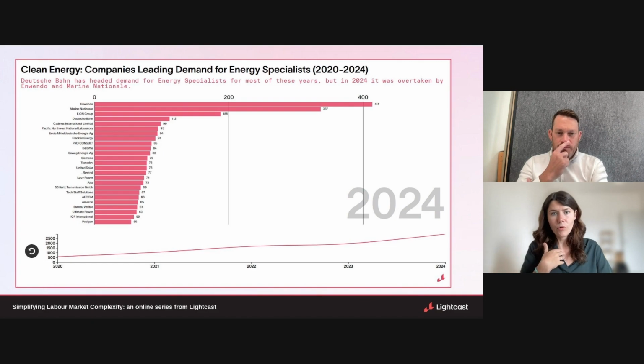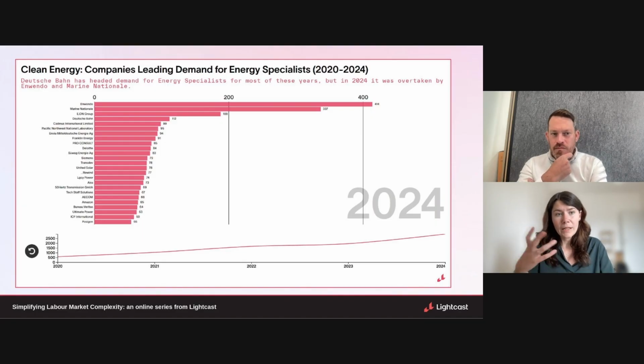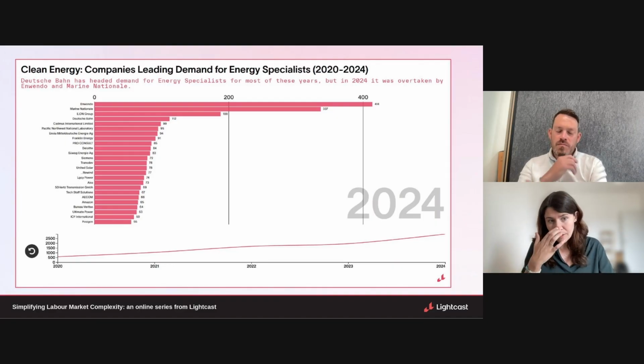So if I want to stay ahead of the competition, I want to see who is my competition. And these are, for example, the companies that in 2024 have had the largest number of job postings looking for clean energy jobs, and in particular energy specialists within the sector.